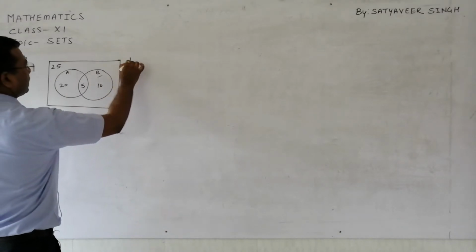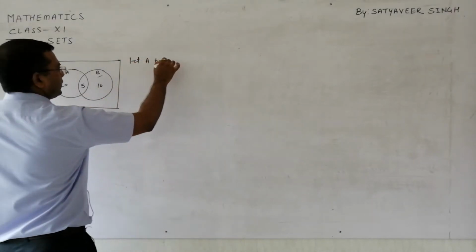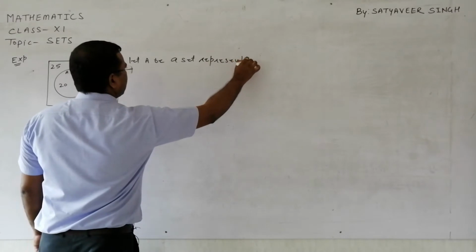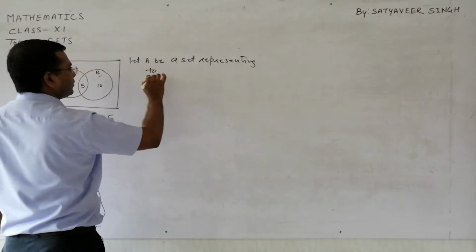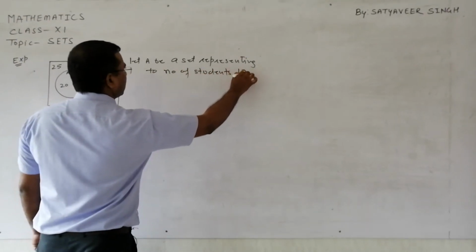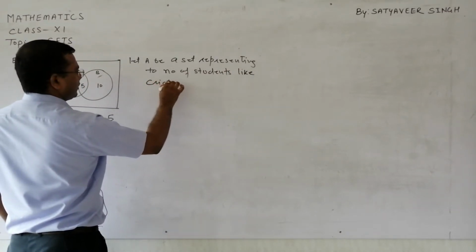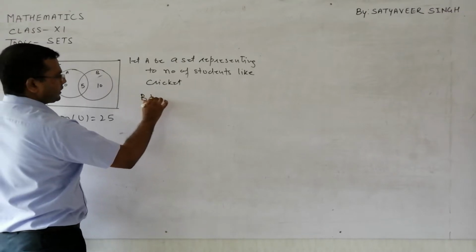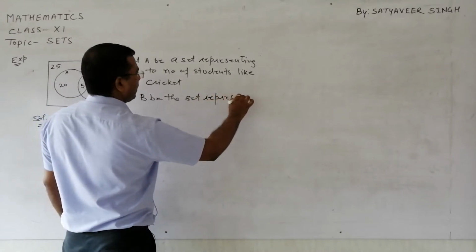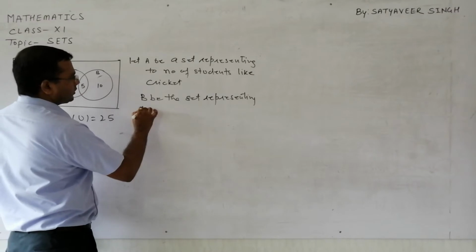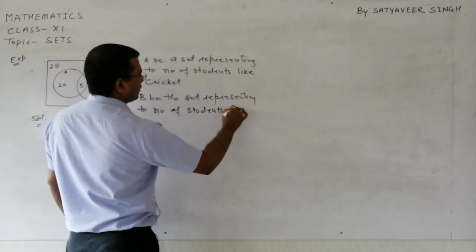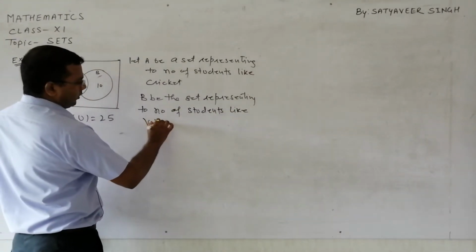Suppose I am saying, let A be a set representing the number of students who like cricket, and B be the set representing the number of students who like, suppose, volleyball.